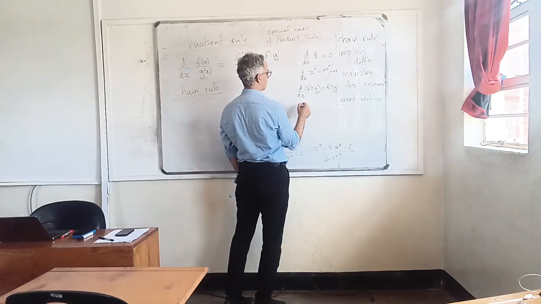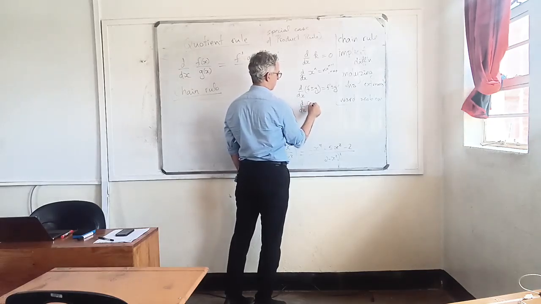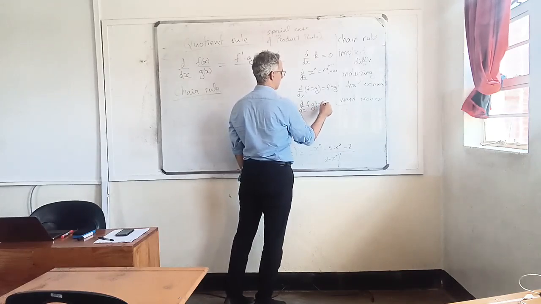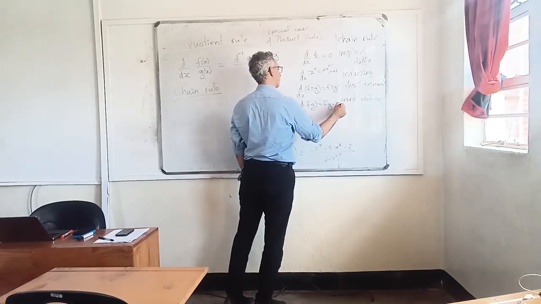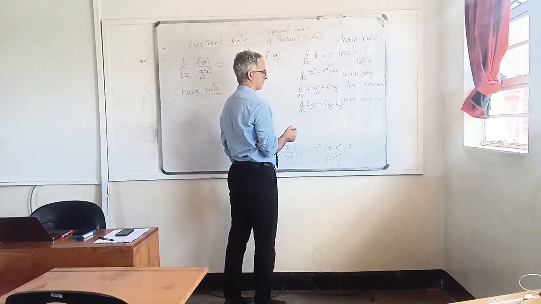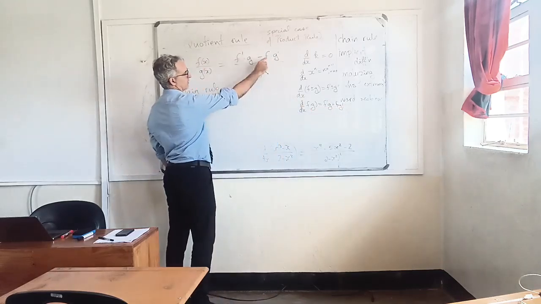The product rule, f times g, is f prime g plus f g prime. Now you might notice this looks kind of similar to the quotient rule. It's not the same.